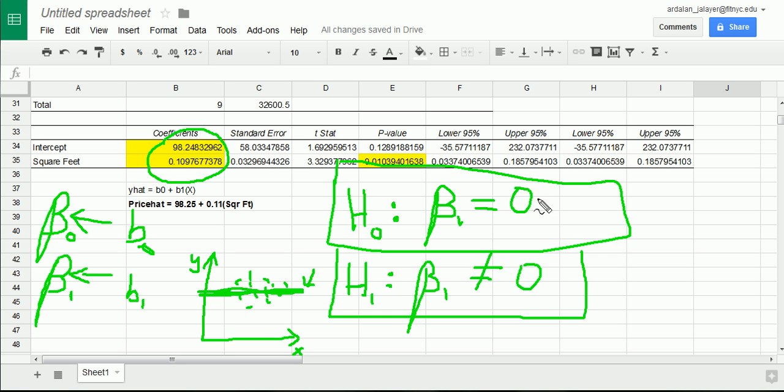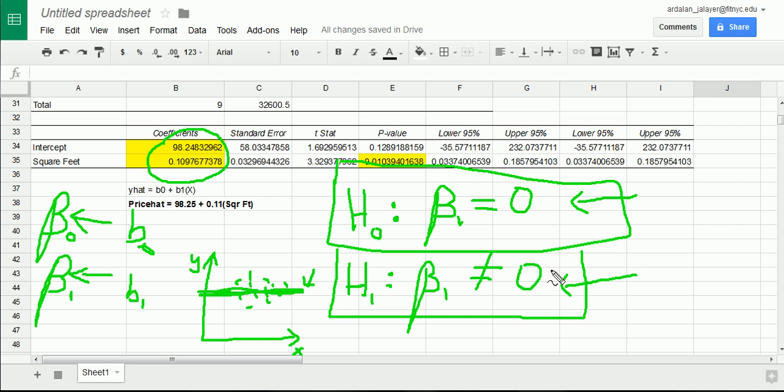So, in words, the null hypothesis says there's no significant linear relationship between x and y. The alternative says there is some significant linear relationship between x and y, just not equal to 0. So it could be a negative relationship, it could be a positive relationship. We don't care. We're just testing whether there is some meaningful or significant linear relationship. Okay?